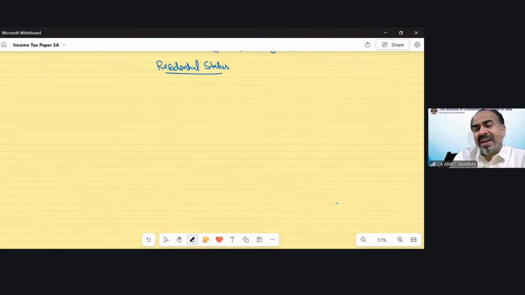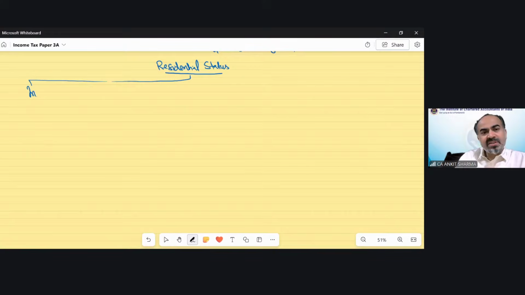So we have categorized all those 8 persons into 4 categories. First one is individual. In this category, you will come to know whether I am a resident, non-resident, etc. The second category is Hindu undivided family, HUF: when will an HUF be a resident or non-resident.